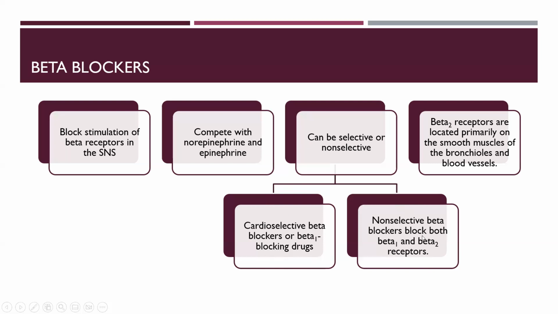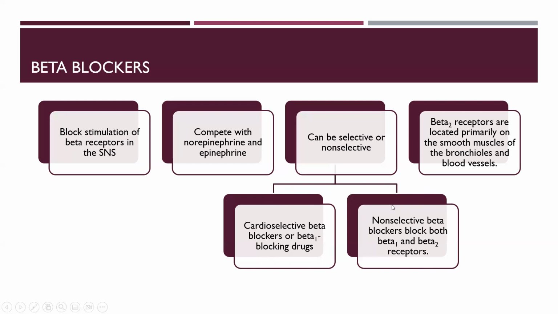When you're studying your beta blockers, it's important to know which ones are beta 1 and which ones are beta 2. The reason for that is because if it causes the opposite of bronchodilation in a beta 2 receptor, what is going to happen to my bronchus? Constrict, aren't they? Exactly, it's going to constrict.